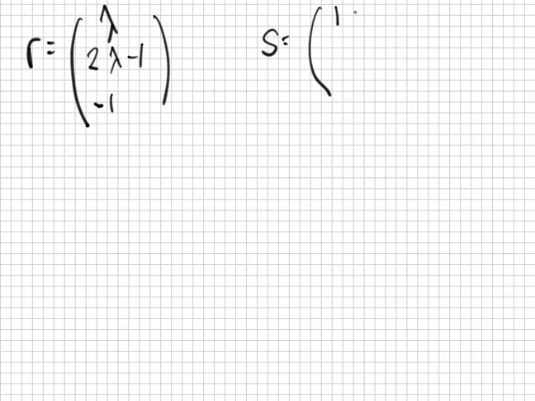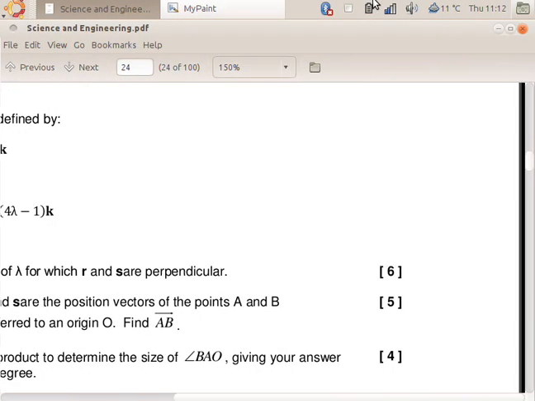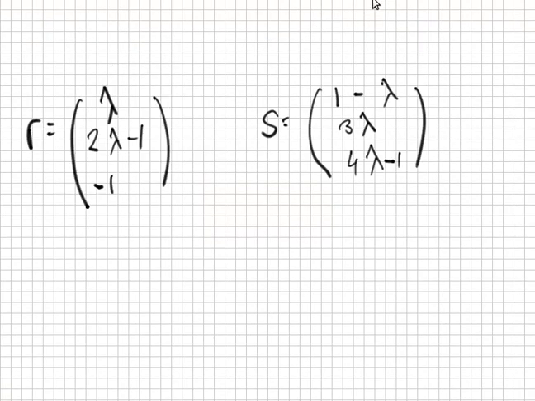1 minus lambda for the i. And then for the j? And then for the k? Minus 1. Now the first question I think is actually very, very generous, because for 6 marks, you get 6 marks for telling me when these are perpendicular.